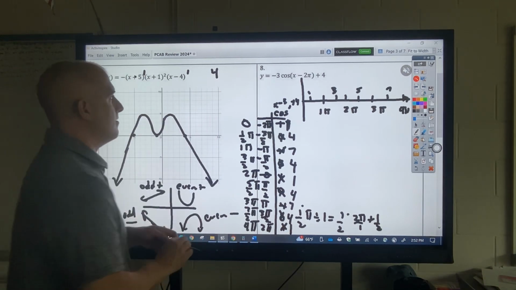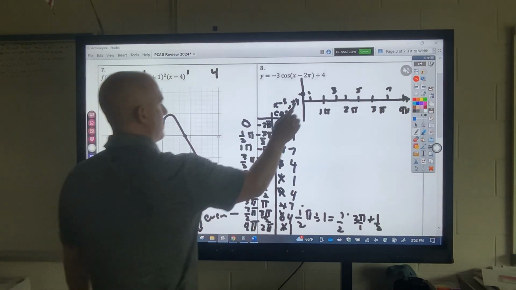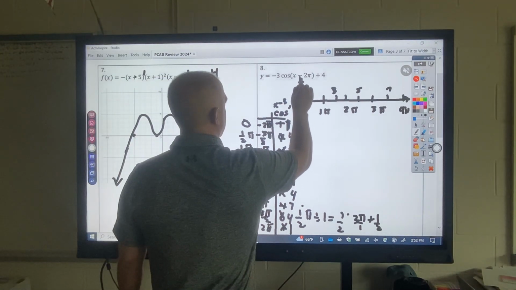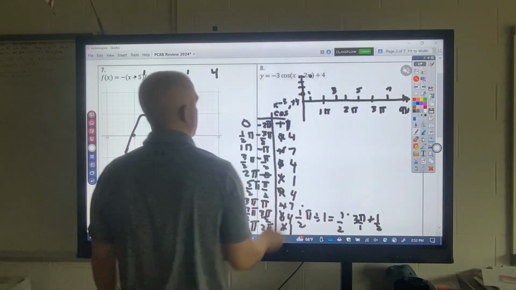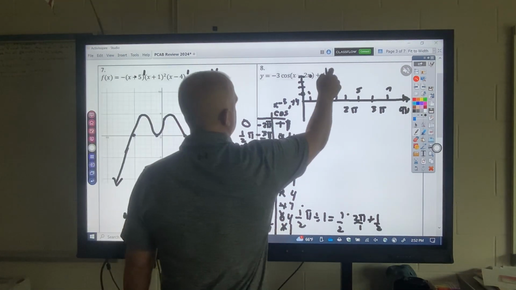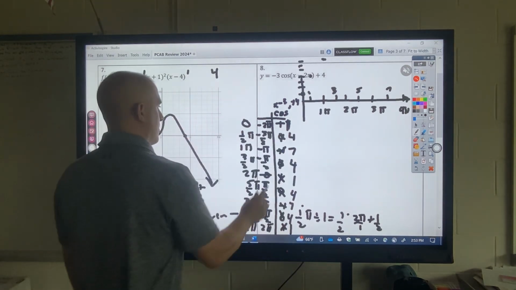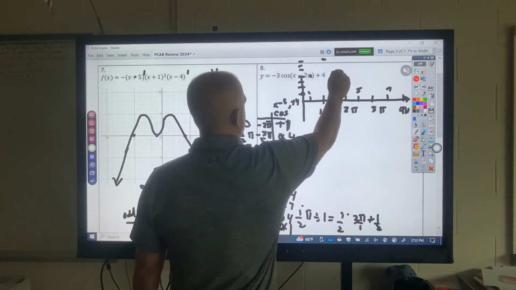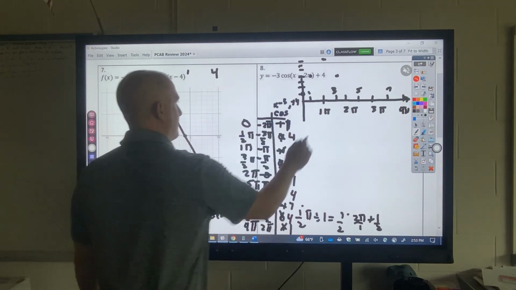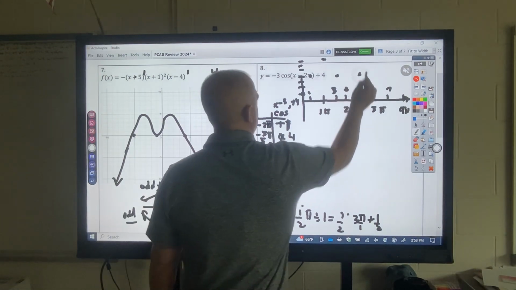Okay, so at 0, I'm at 1. At 1/2 pi, I'm at 4. Okay, at 1 pi, I'm at 7, so I'm way up here. Okay, at 3 halves, I'm at 4. At 2 pi, I'm at 1. At 5 halves, I'm at 4.